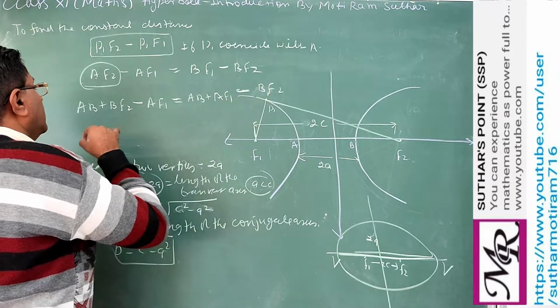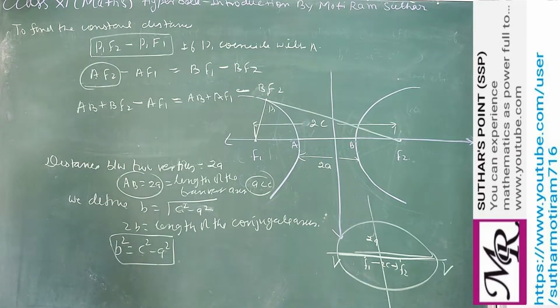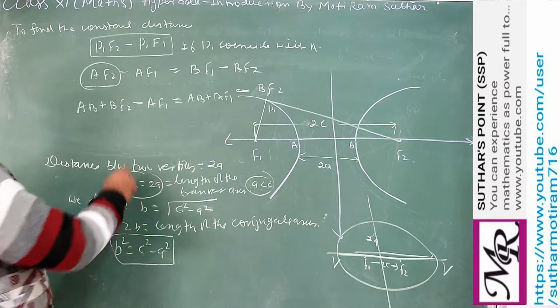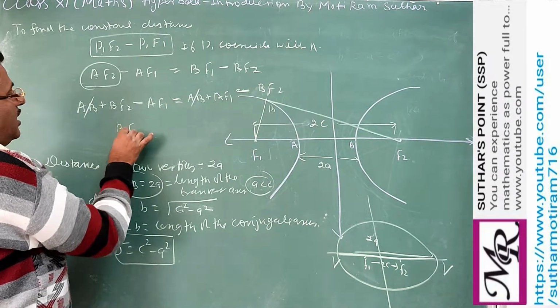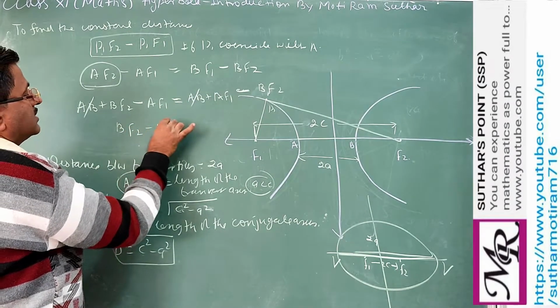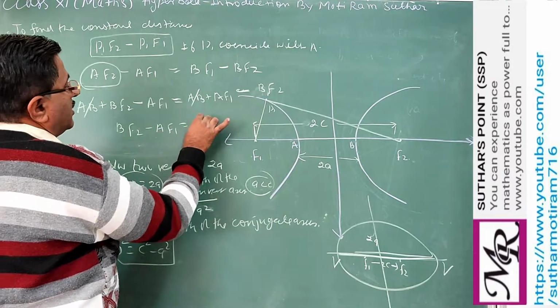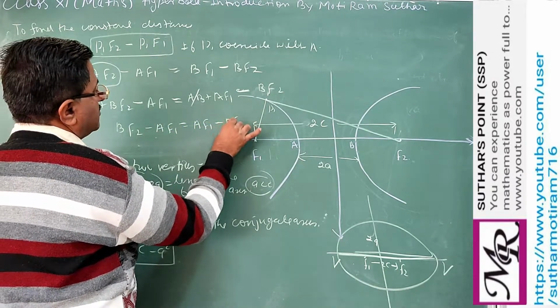Now on both sides the AB cancels with AB. Clear? So BF2 minus AF1 equals AF1 minus BF2.